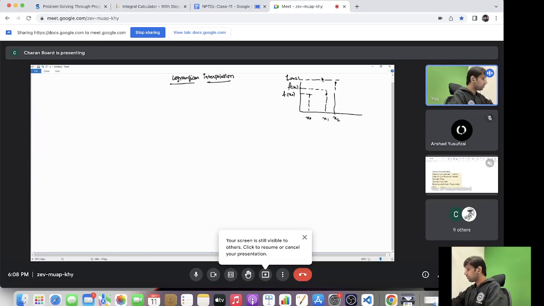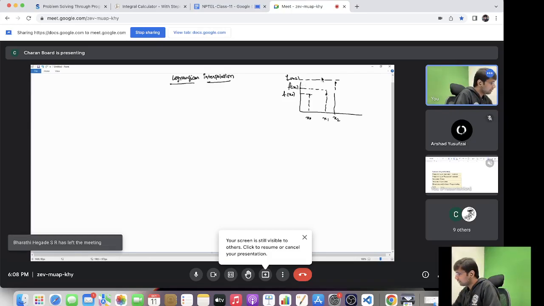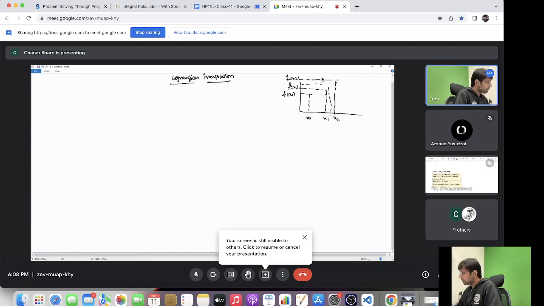You just know these points, and let's say there is some point in between x1 and x2 and you want to find its output. If you know the line or curve, you can easily find the corresponding f of x for that particular x.